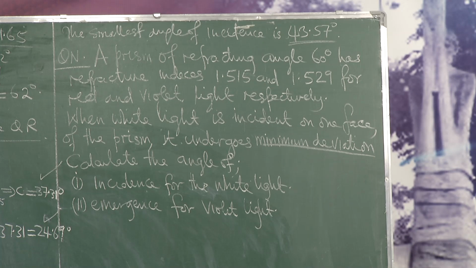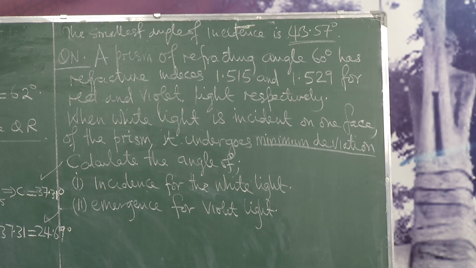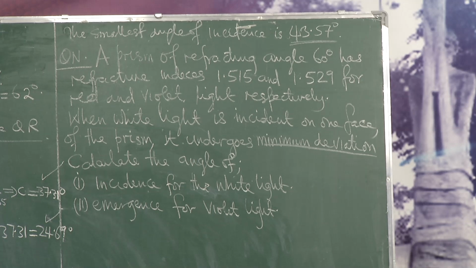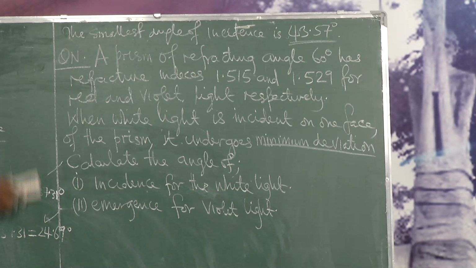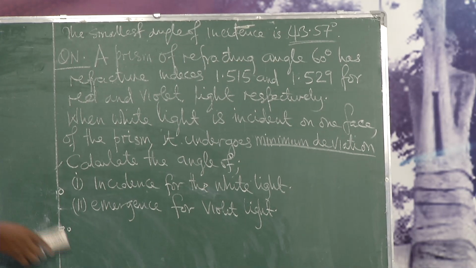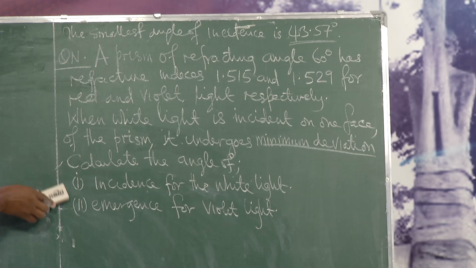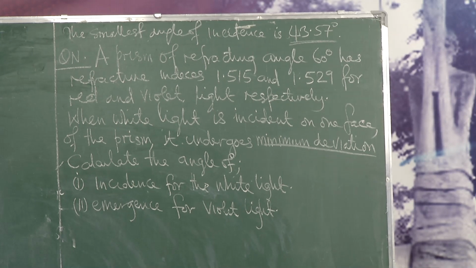Important to note as we prepare to go through the solution for this number is the condition for minimum deviation. The candidate must be able to know the condition that goes with minimum deviation.